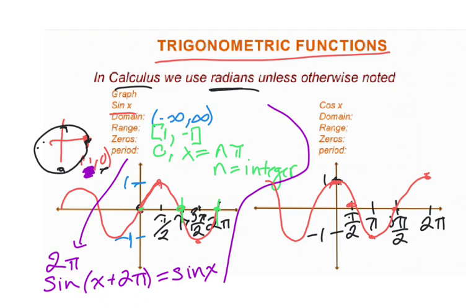And so our domain, same thing, it's negative infinity to positive infinity. The range is the same thing, it's a bracket, -1 to +1. The zeros are different on this one. They occur here at pi over 2 and 3 pi over 2.